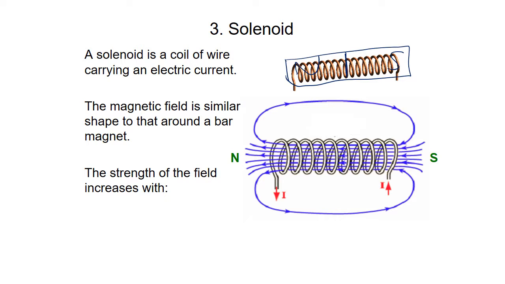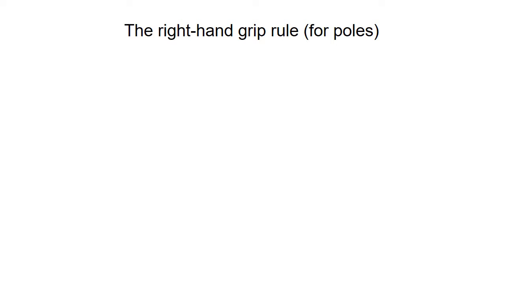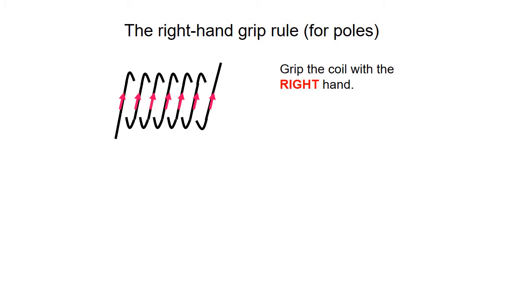And the strength of the field will of course increase in 2 ways: by increasing the current, which is the same with the loop and the circular wire, but also by increasing the number of turns in the coil. And there we go. So the right hand grip rule for poles is the following. This is for solenoids.